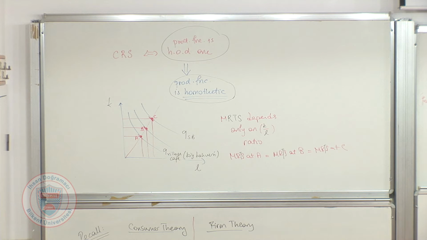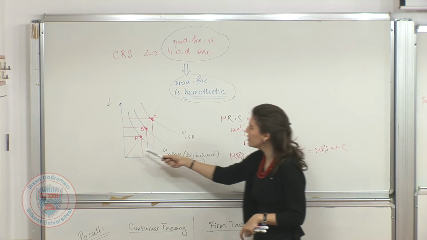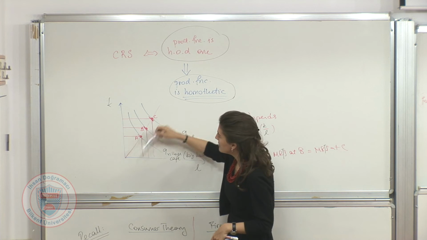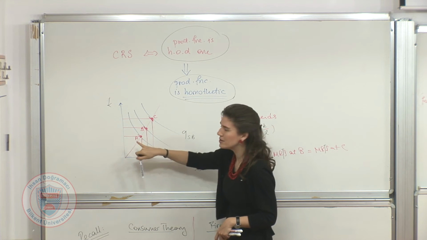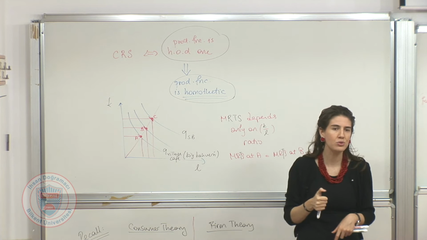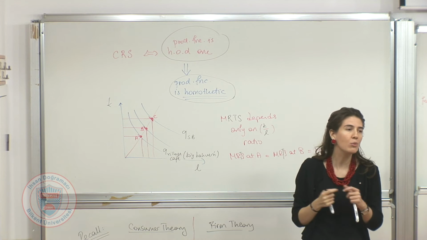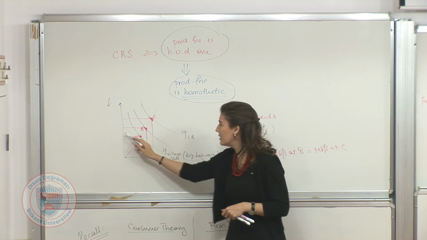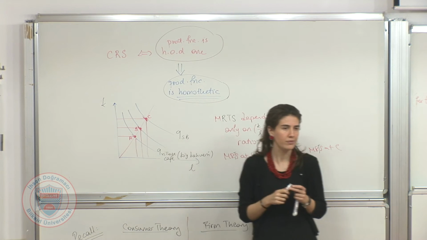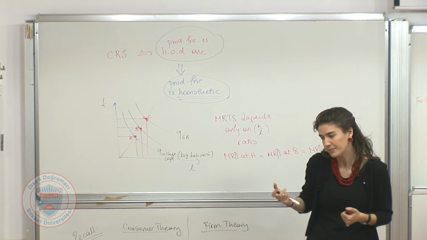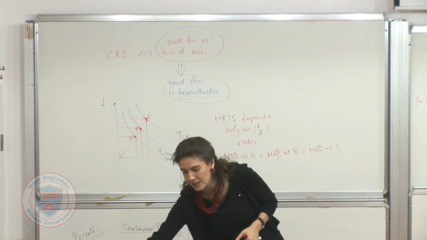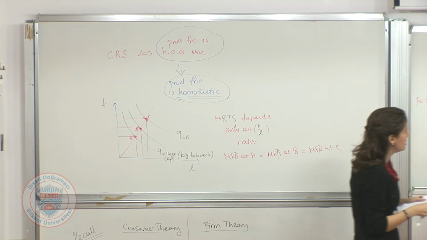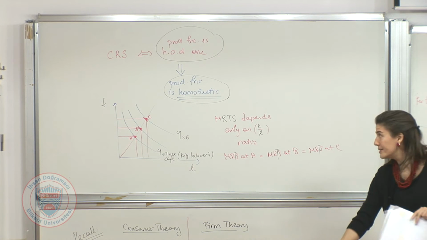So if someone asks you what homotheticity is in a production context, you say that along a ray through the origin, the slopes of these isoquants, which are the marginal rates of technical substitution, are all equal to each other because they only depend on the K over L ratio, okay? So that's what you guys would say. This is what we mean by homotheticity.